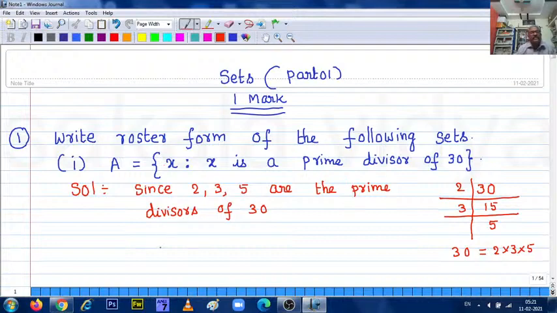So just list out like this: 2 comma 3 comma 5, write down and put in brackets. These brackets are called curly brackets. A equals to. So this is called roster form of the given set. Completed. A is equal to 2 comma 3 comma 5.